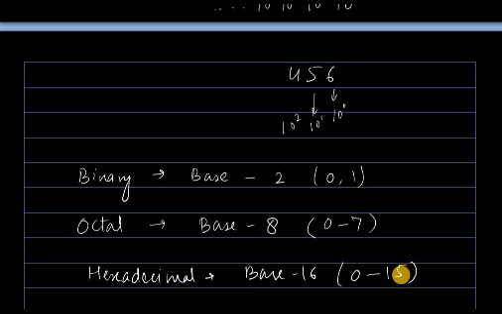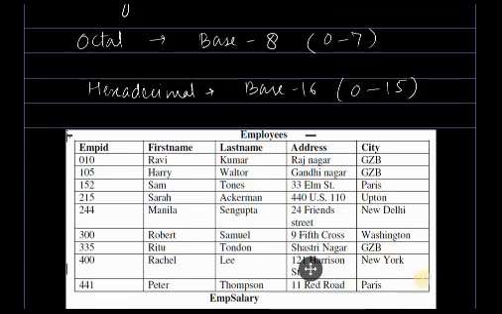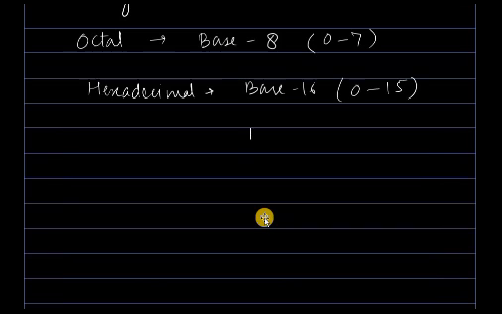And I have also told you that since 15 is a composite number, it is not possible to hold a composite number as a digit, or we can say as a member of hexadecimal. That's why the numbers from 0 to 9 will be written as 0, 1, 2, 3, and so on.